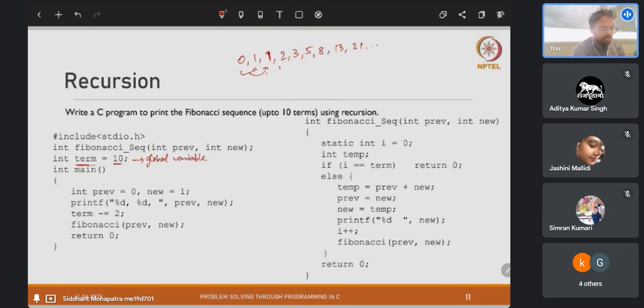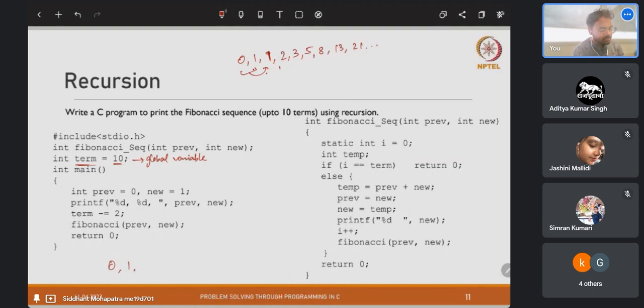In the main function I define 2 variables. For the Fibonacci sequence you need 2 starting terms, which you recursively keep adding to get the new term. So I take 0 and 1, the first 2 terms, and I just print them out. So you have 0, 1 printed out.